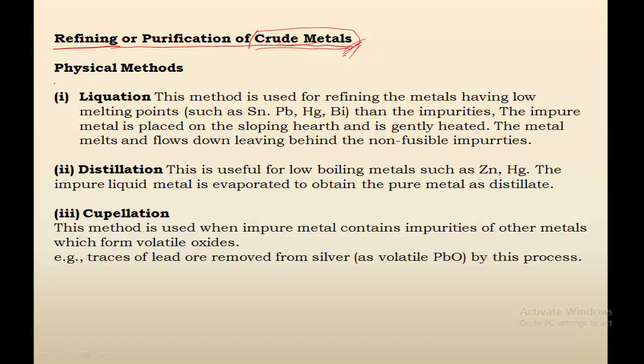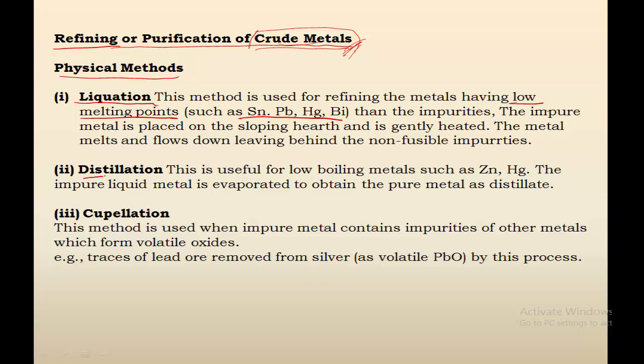Now there are different physical methods as well as chemical methods. Some of them we will see here. First of all, liquefaction, the first method. It is used for the refining of metals having low melting points. Metals with low melting points can be refined by the liquefaction process, and examples are tin, lead, Hg and bismuth.